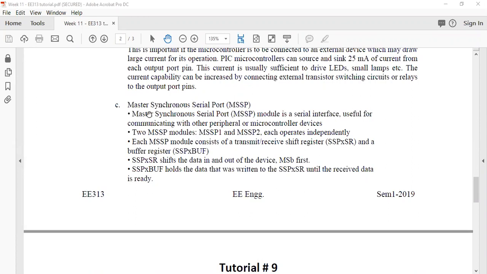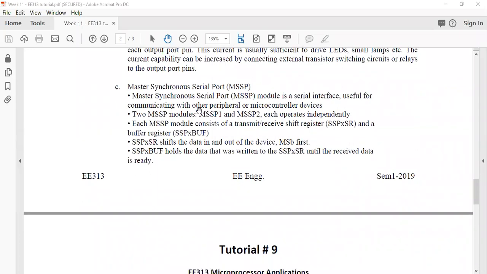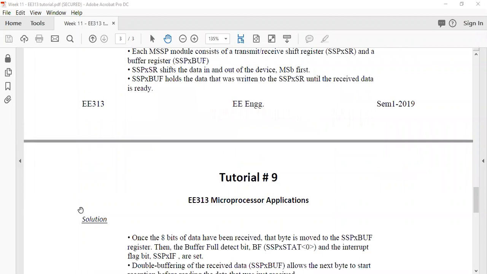When we utilize the MSSP module, we can use the microcontroller as the master configuration, the controlling unit, while the other units act as slave units. There are some other definitions you can go over, but this is the MSSP port.